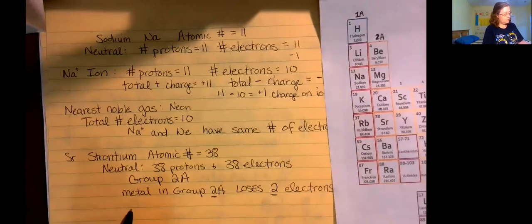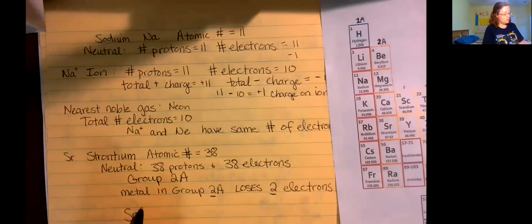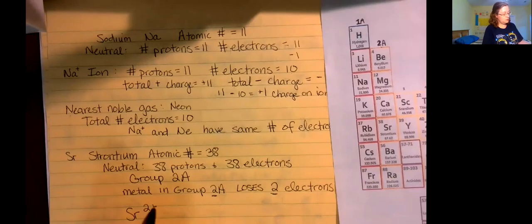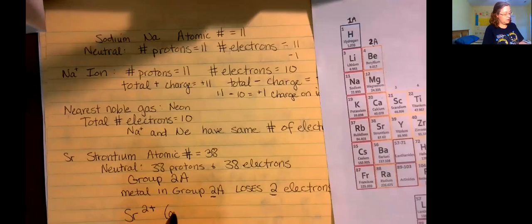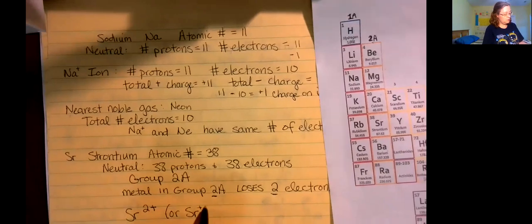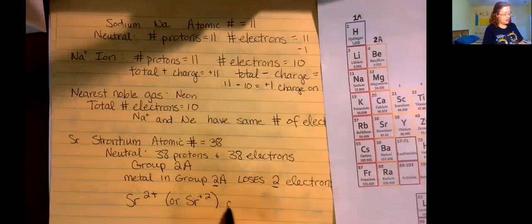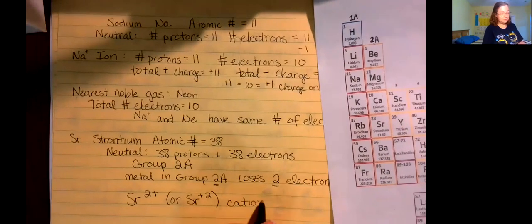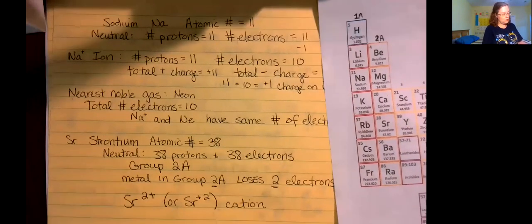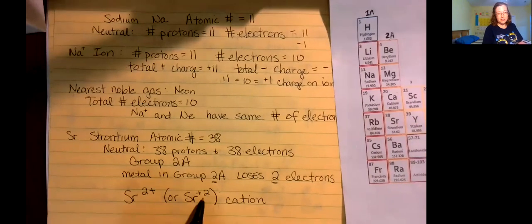Strontium becomes a +2 ion, or we can write it as strontium +2, a cation to be specific. Group 2A makes +2.